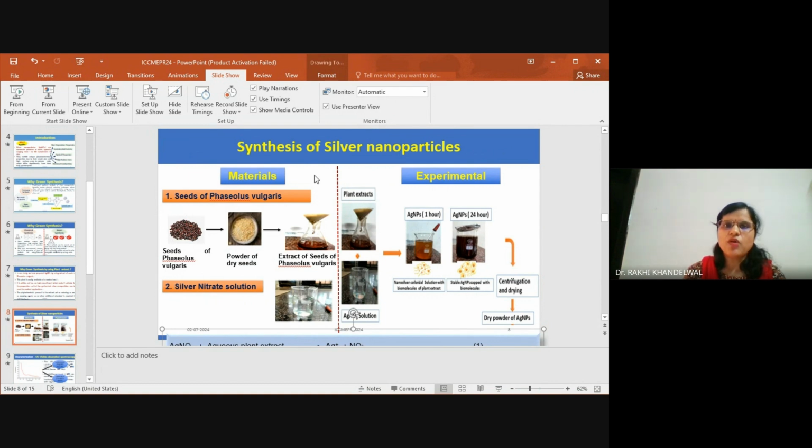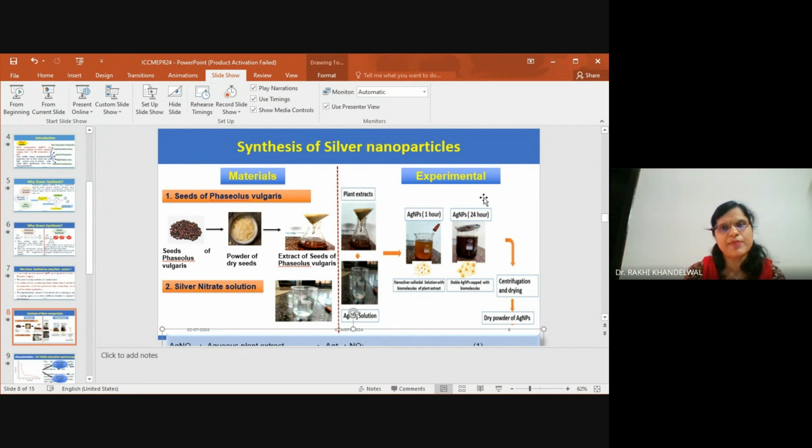After that, this powder is soaked in doubly distilled water for up to 20 hours, and after that we centrifuged it for 15 minutes at 5000 RPM. So that is how we prepare the extract and the silver nitrate solution. The concentration of silver nitrate solution we have taken is 0.01 M.